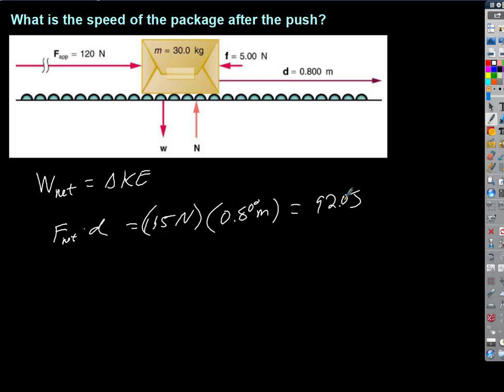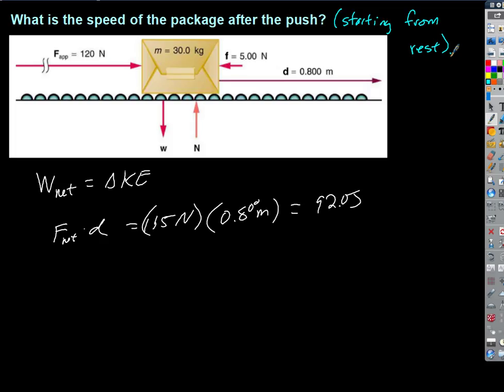So let's assume that this thing started from rest. I should probably put that, starting from rest. What's the final speed going to be? If it starts from rest, what's the initial kinetic energy?